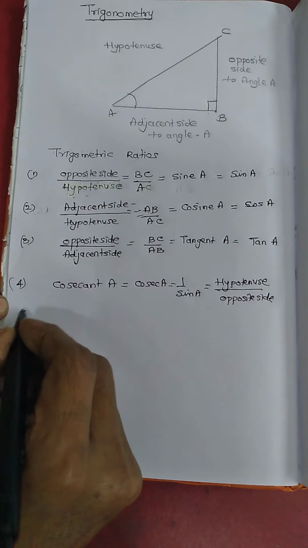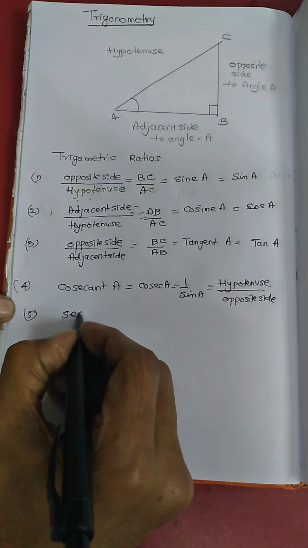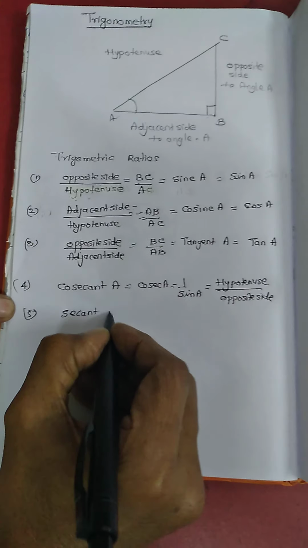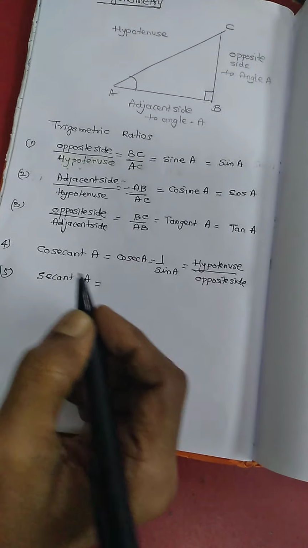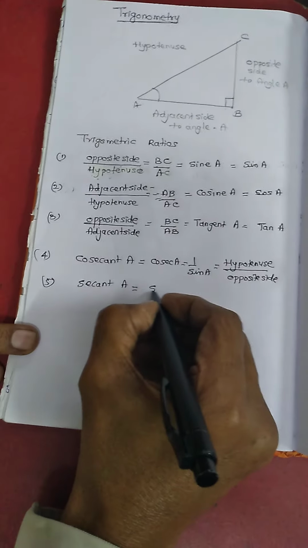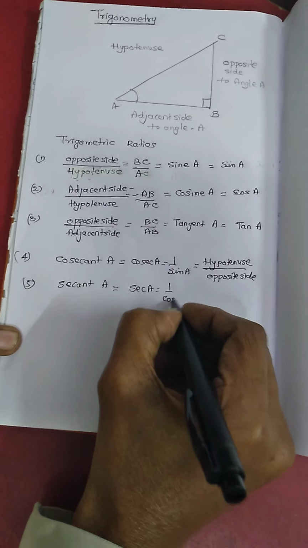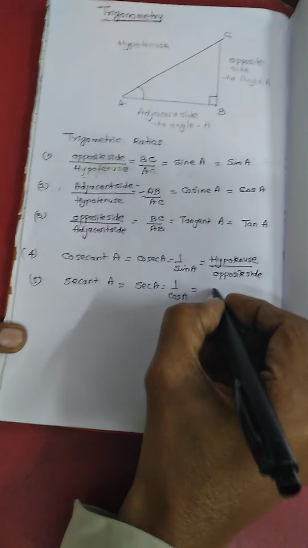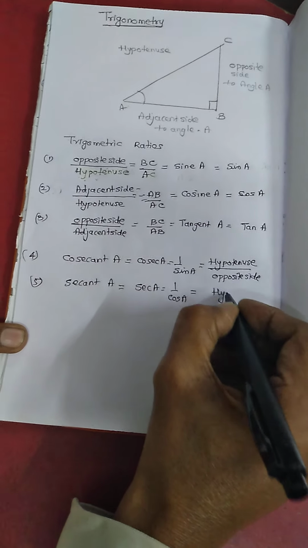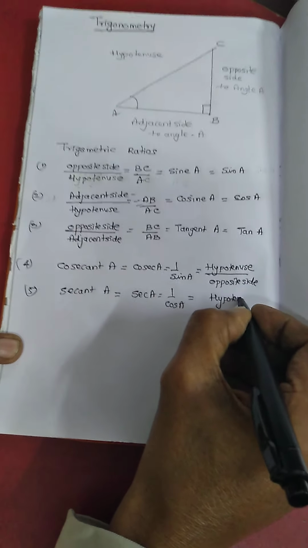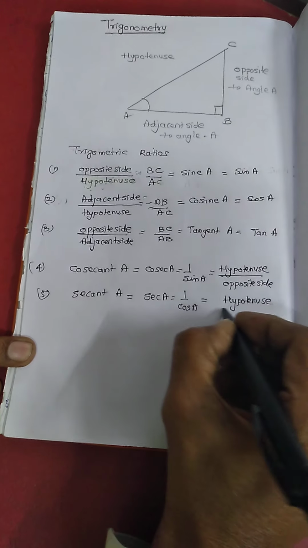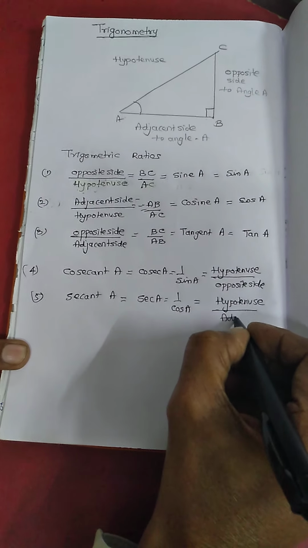And the fifth one, secant A, generally written as sec A, is 1 by cos A, that is hypotenuse by adjacent side.